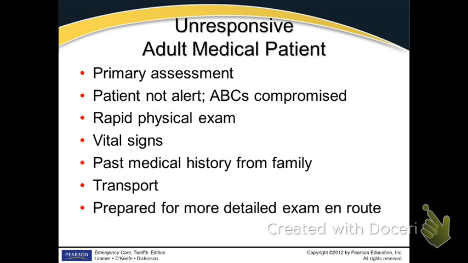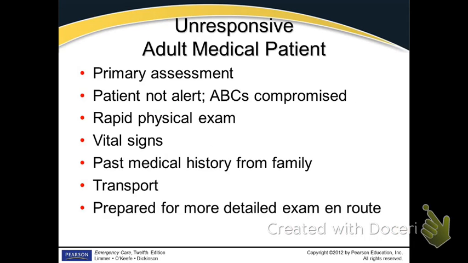Trauma, it's a huge deal. To be knocked unconscious in a traumatic event is a big deal. It increases the probability of a head injury a lot. So you start thinking about that, and then rapid transport, get that patient to the hospital.